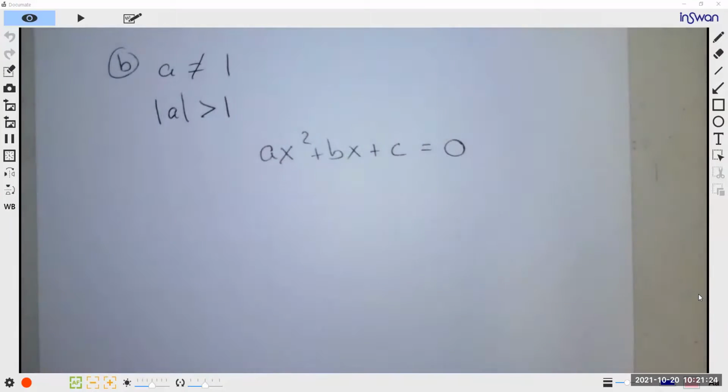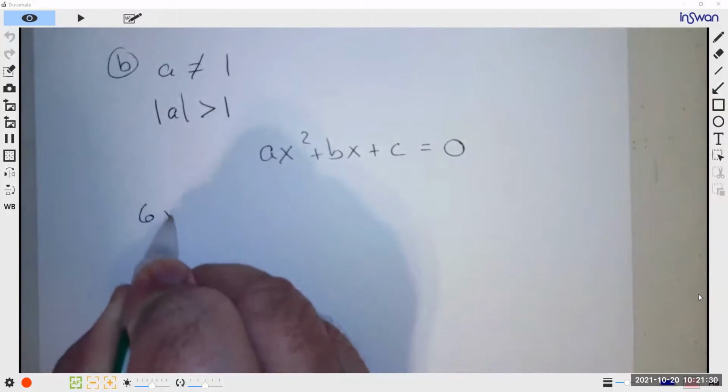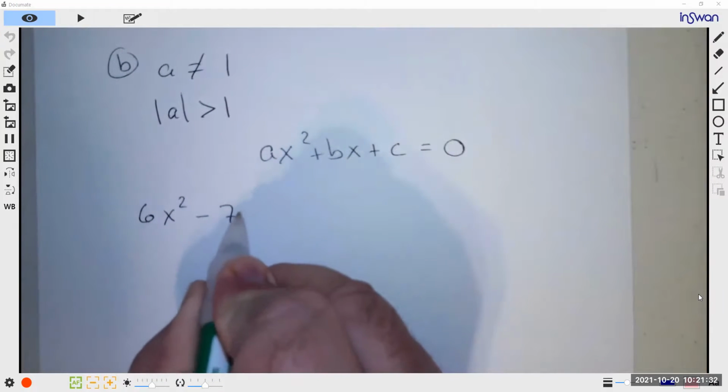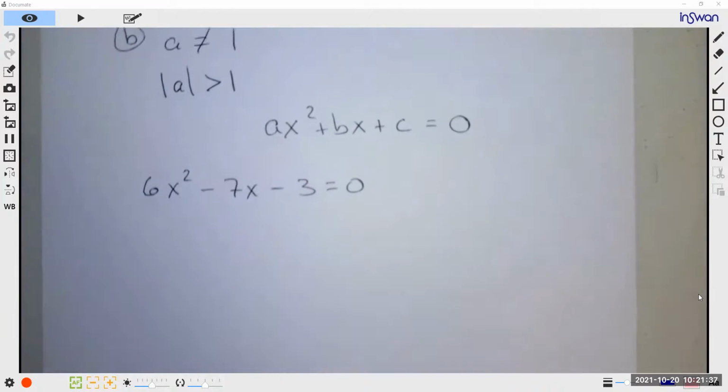The easiest way to show you this is if I show you the example and explain it while I'm doing the example. Let's say we had 6x squared minus 7x minus 3 equals 0.